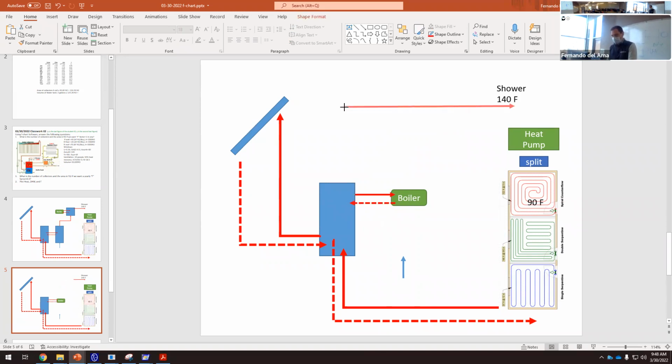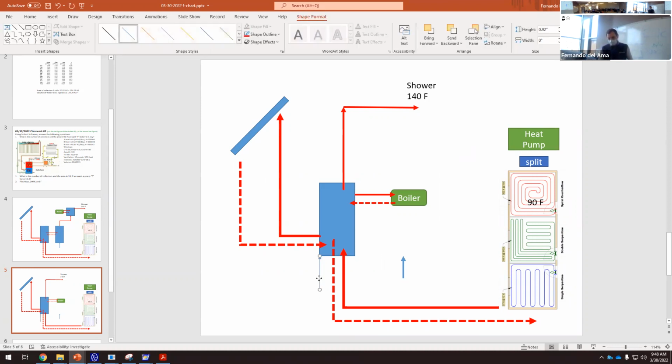And the shower can be like this. Okay, that's easier. We need the supply, the cold water supply. Here.